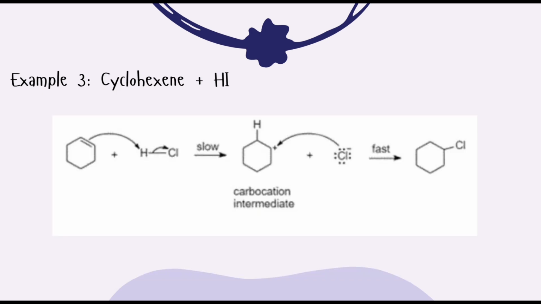So example number 3 is the hydrohalogenation of cyclohexene with hydrogen iodide. It follows Markovnikov's rule. The hydrogen atom adds to the carbon with more hydrogen substituents, and iodine attacks the more substituted carbon.